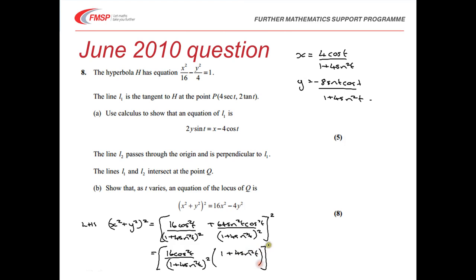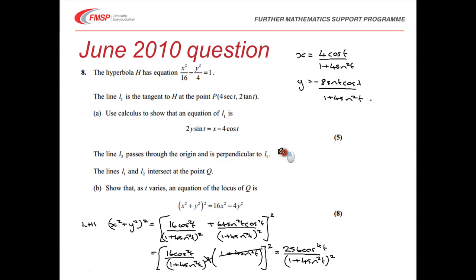And then of course we're squaring that as well. Notice that this 1 plus 4 sine squared t here will cancel with one of them in the denominator there, and then we're squaring what's left, so that's going to be 256 cos to the 4 t over 1 plus 4 sine squared t all squared. So that's the left hand side in terms of t.